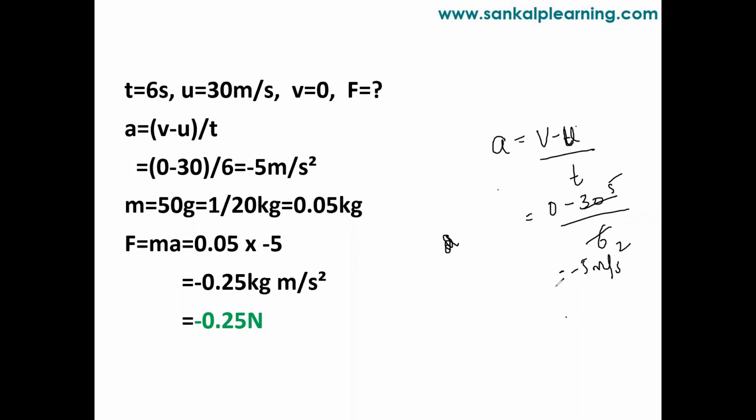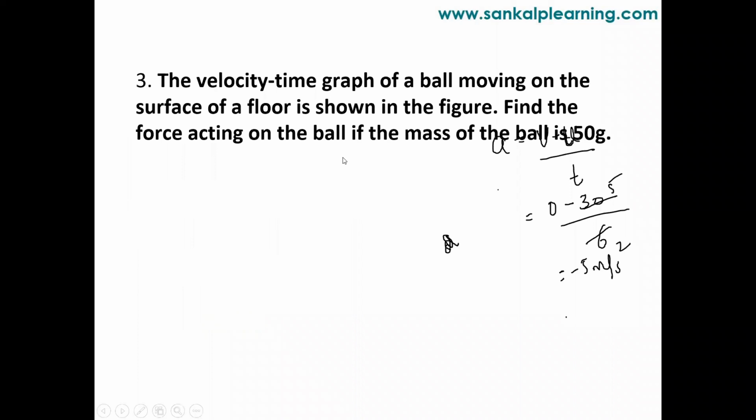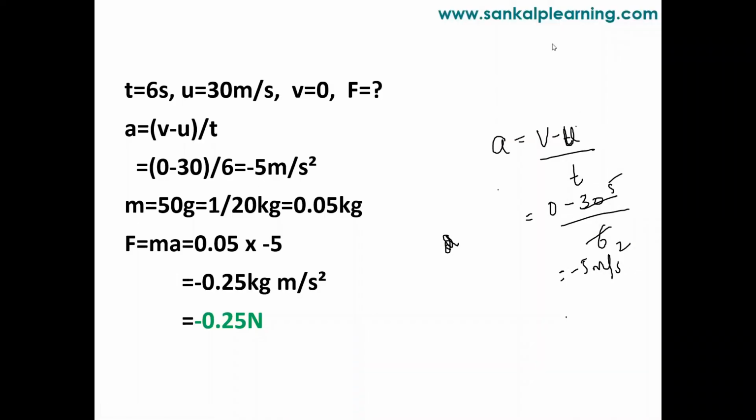They asked you to calculate the force here. So force is equal to mass into acceleration. Mass is given, see the question, the mass value is given actually. The mass of the ball is given as 50 grams here. Therefore, force is equal to mass into acceleration. Mass is 50 gram.